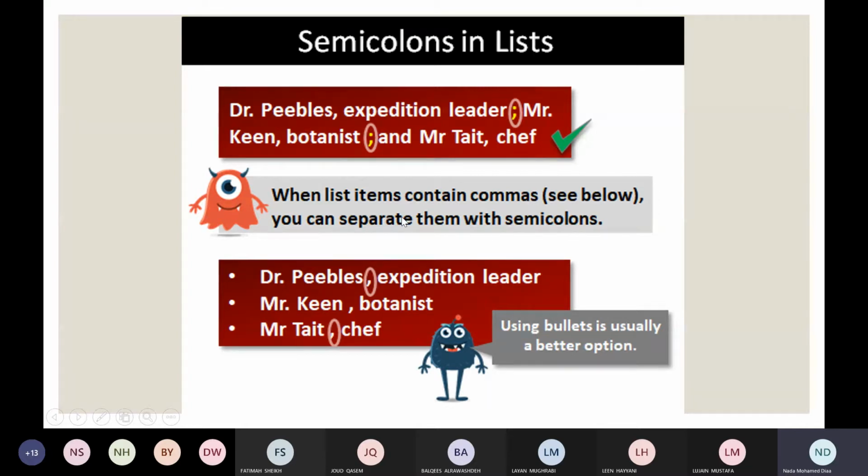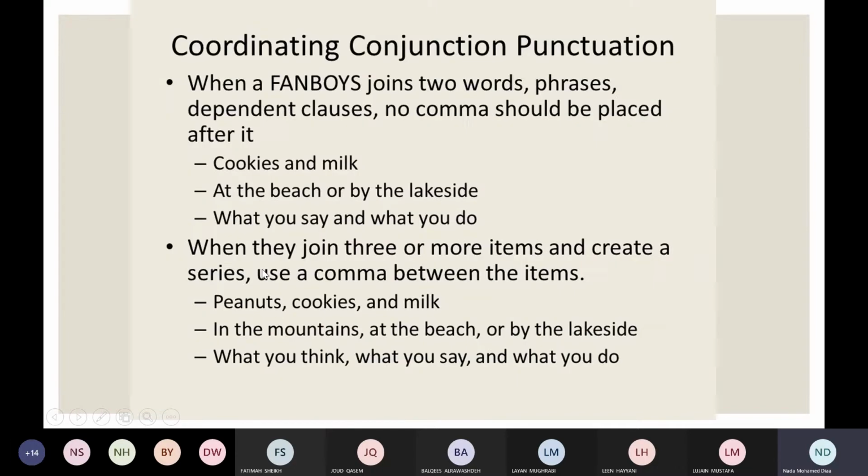We can write it this way or we can use bullets like this. Mr. Peoples, comma, expedition leader. Mr. Keen, comma, botanist. Mr. Tate, comma, chef. When they are together, I separate them with semicolons.